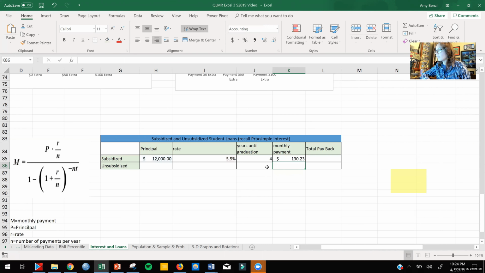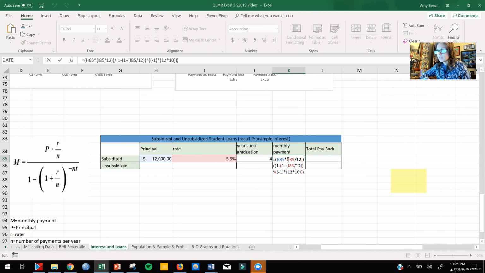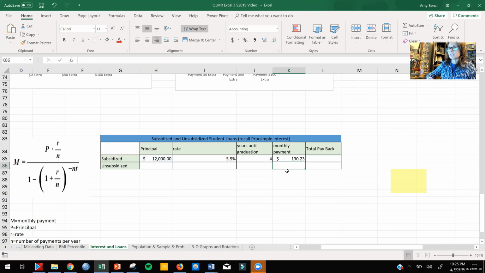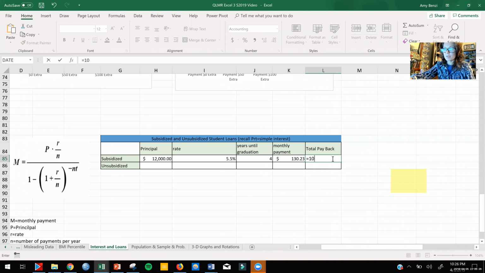So now we have our monthly payment. This is the monthly payment on our subsidized loan. And then for the total amount that we're going to pay back, we have 10 years times 12 months.